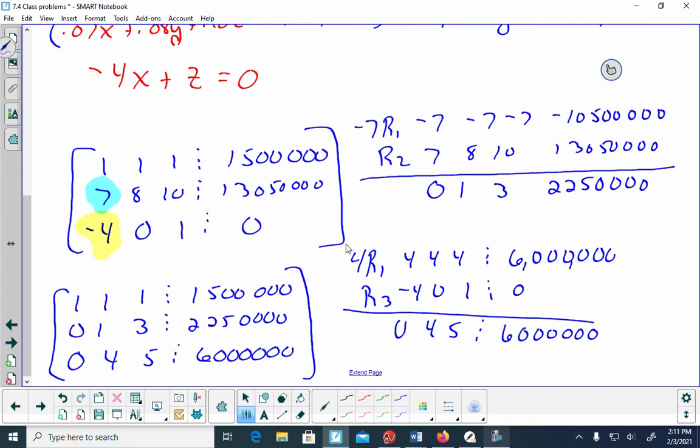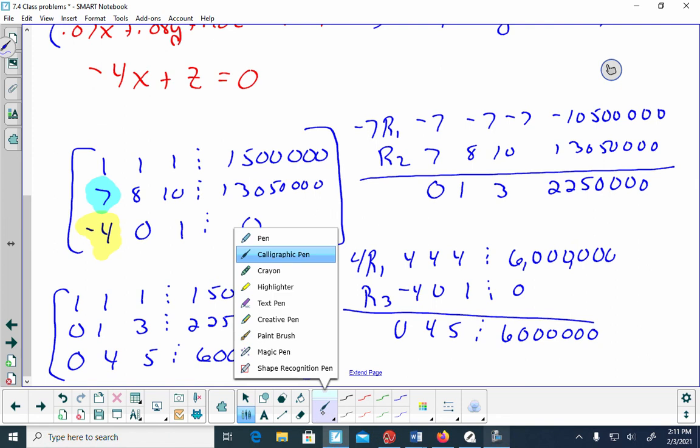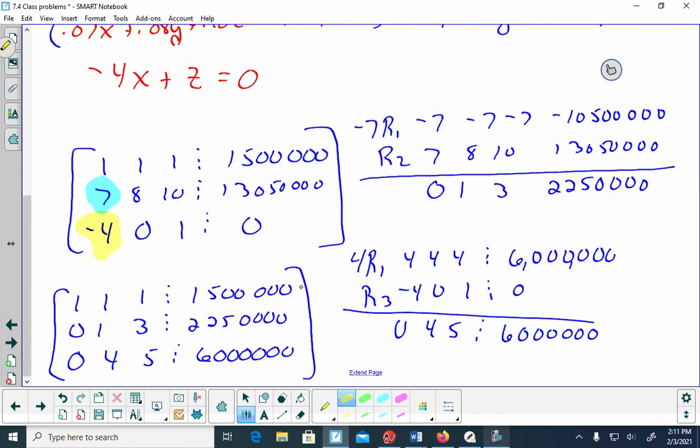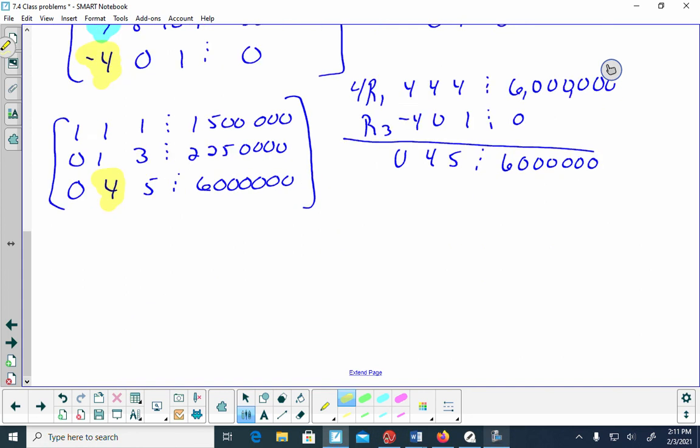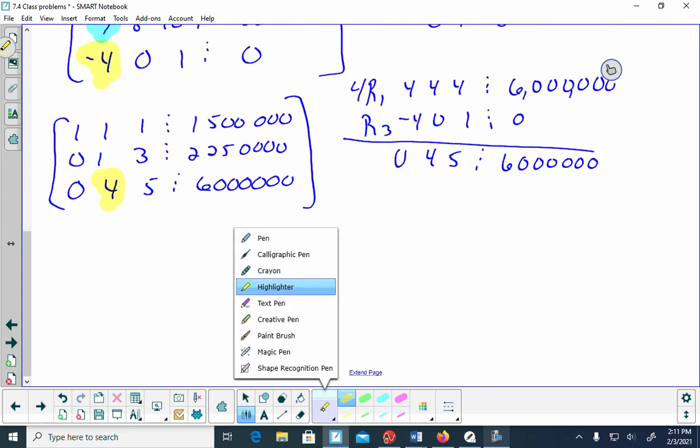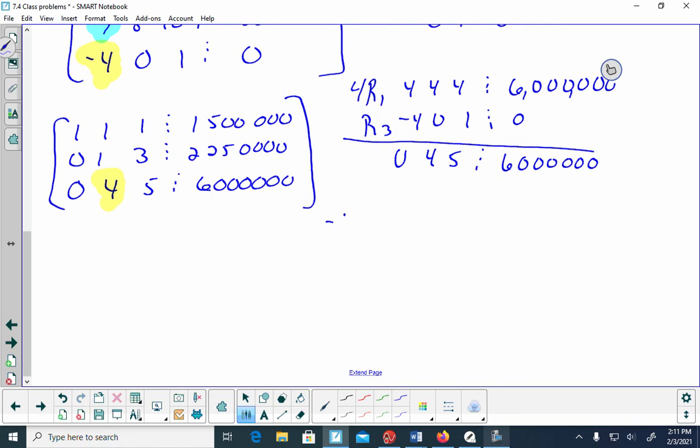So when I look here, I'm going to want to do row 2 and row 3 to eliminate the y. So it looks like I'm going to multiply row 2 by a -4. And then row 3.